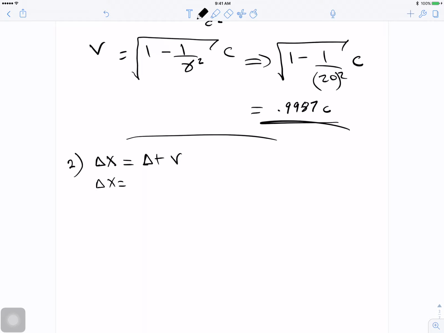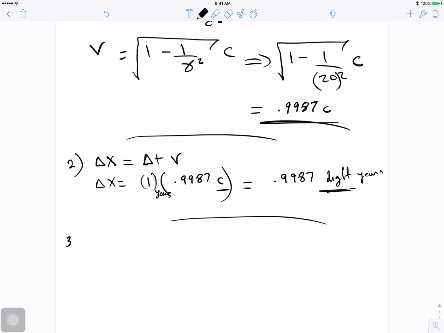Delta x will be equal to the time in the teacher's frame of reference, which was 1 year in the first period, times v. V is 0.9987 c. So for this we get 0.9987 light years. Light here means the c, and this was 1 year.